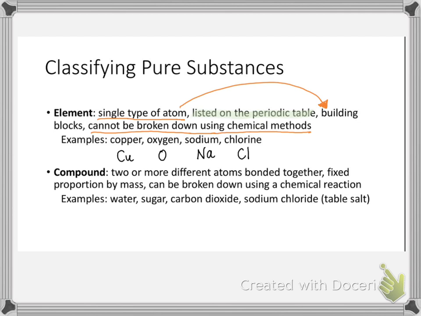Now, a compound occurs when two or more atoms are bonded, and bonded is the word we use in chemistry to say they're attached to each other. So two or more different atoms are bonded together. They have a fixed proportion by mass.